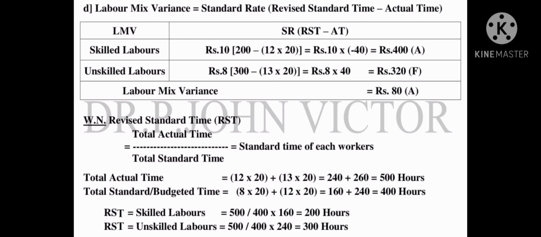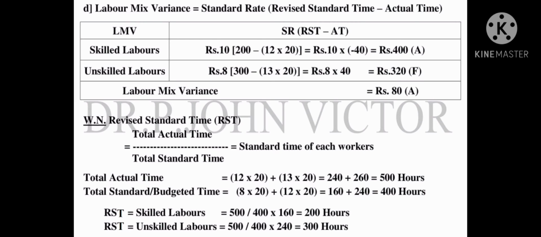That means plus 40, because 300 is the higher value, the bigger value or positive value. So we get a favorable value, that is 8 into 40, totally 320 as favorable.